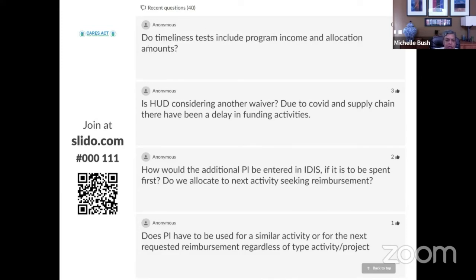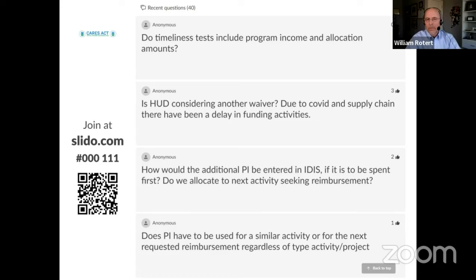Is HUD considering another waiver? Due to COVID and supply chain, there have been a delay in funding activities. I'm not sure what kind of waiver you're talking about. Is that a waiver around timing of expenditure or extending the grant period? I don't know that there's been a waiver.